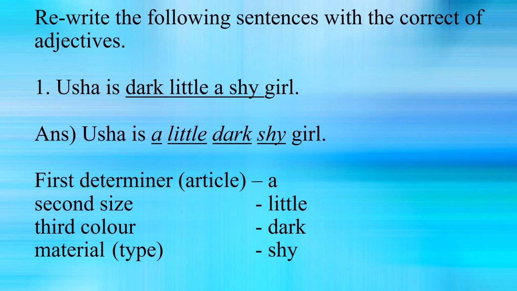She is a shy type of girl, shy. So this is the way which helps us to rearrange these adjectives in a proper order for correct meaning of the sentence. So try to go through the remaining sentences in your textbook given in page number 84 and 85.